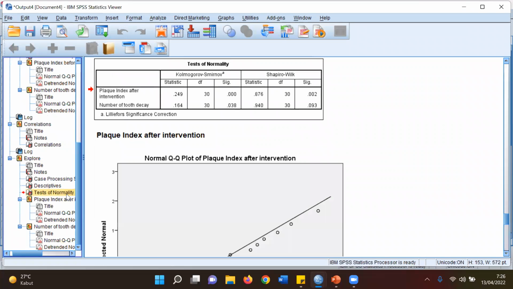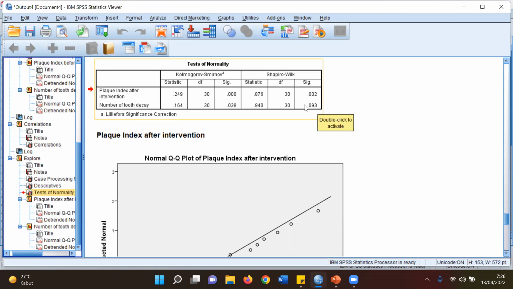And then click here, tests of normality. Because the number of samples is less than 50, you look at the Kolmogorov-Smirnov test, and just one of them is not normally distributed. This one, because it's below 0.05. This one is higher than 0.05.